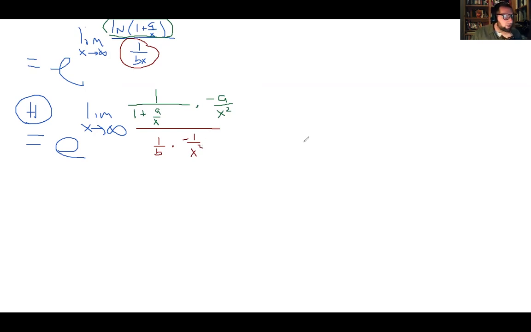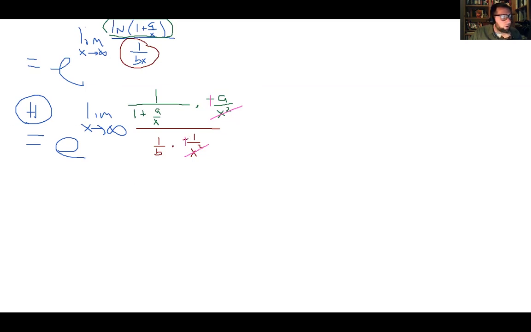Questions about those derivatives? Because a and b are constants, that's why. A and b are constants, yeah. So good news, those x squareds cancel. The minus signs plusify each other.